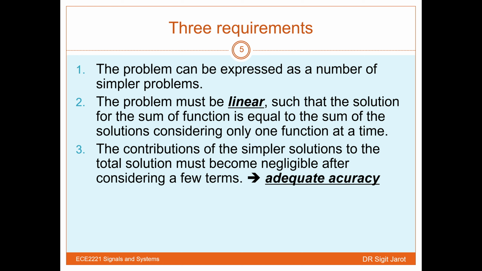That means according to the linearity property, the output will be equivalent if we add the input. Okay, the third one is that the contributions of the simpler solutions to the total solution must become negligible after considering a few terms. That means it will consider an adequate accuracy. Okay, so that means we will not add more terms to the solution. Okay, the added terms are negligible.